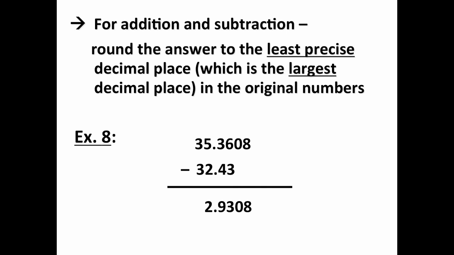When we do our subtraction, the calculator will say 2.9308, but we only really know this result as precisely as the hundredths place. Everything past that is really unknown once we add the two together, because we really didn't know the thousandths or 10,000ths place in that second number here.